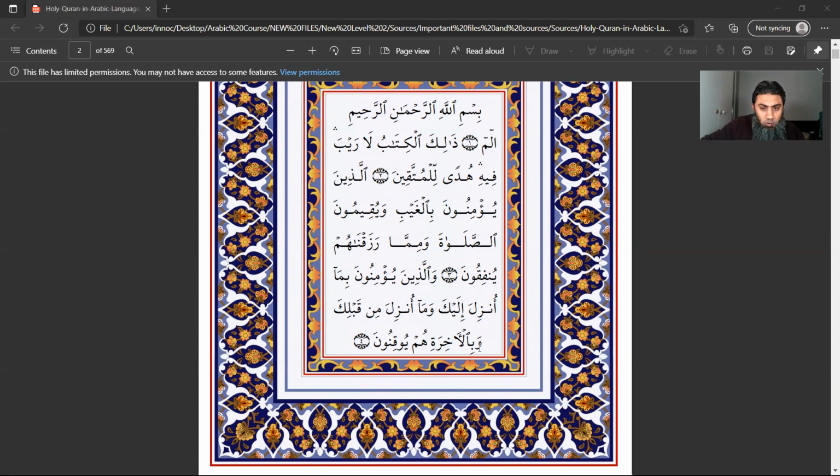But this wow is connecting this part with this part, okay? So bil akhiratihum yuqinun is connected with this part. Part one is yu'minuna bima unzila ilayk, and part two is from bil akhirati. Part one and part two are the sila for this ism mawsul.